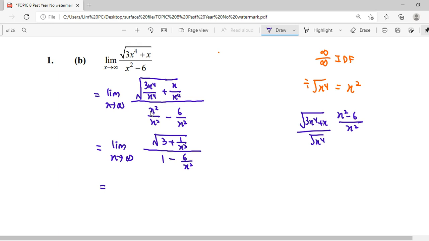After we simplify our function, we can try to substitute x equals infinity. We can attempt this limit. It will be 3 plus 1 over infinity, and then 1 minus 6 over infinity squared, because infinity squared will still come to infinity. So here we can get our answer, which is square root of 3, where 1 over infinity is 0.